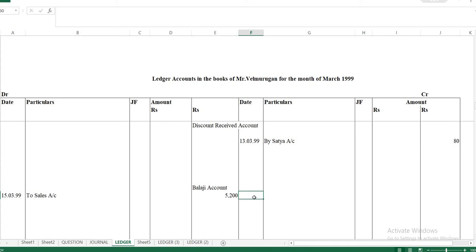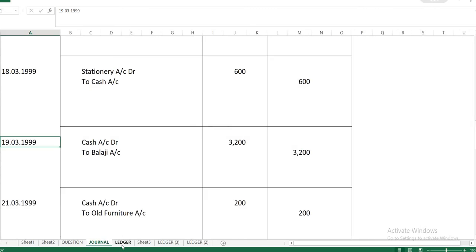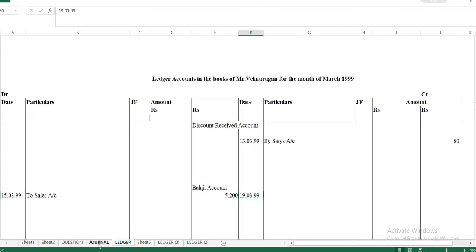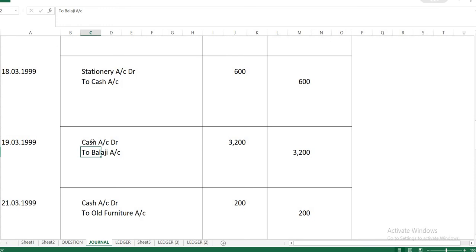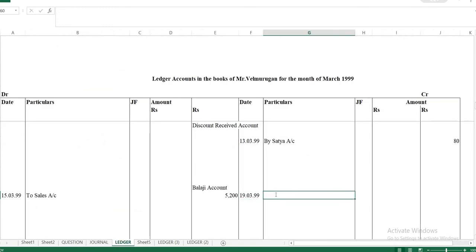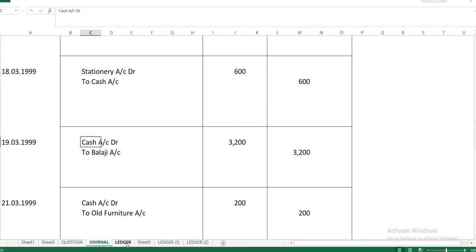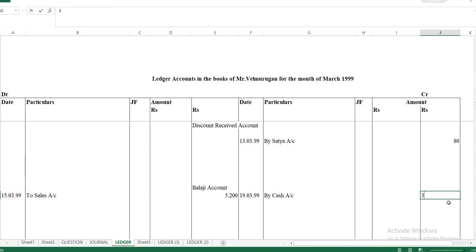Okay. So the date is 19th March, I think so. So 19th March. When posting Balaji account, on the credit side by cash account. Okay, in Balaji account, by cash account, whatever amount you are going to receive from him, 3200 you are receiving. That 3200. Okay.